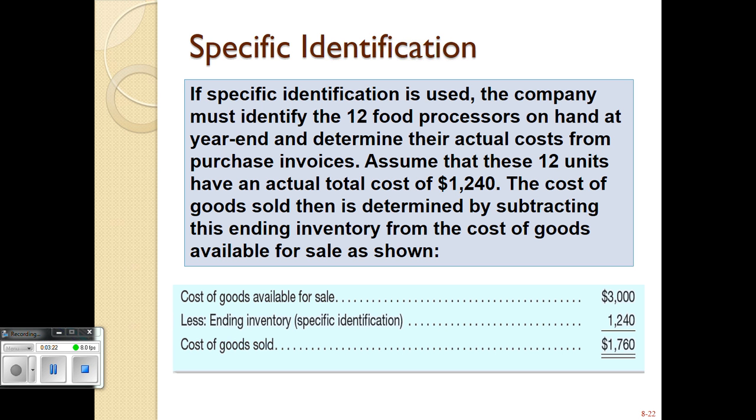Because they did a count. They went and counted the inventory. They saw which models were there, which VIN numbers were there, or what have you. They know what 12. And notice, since they knew that there were a total of $3,000 worth of goods available for sale, they went back and counted, and they had 1,240 sitting there. They know that their cost of goods sold is 1,760.